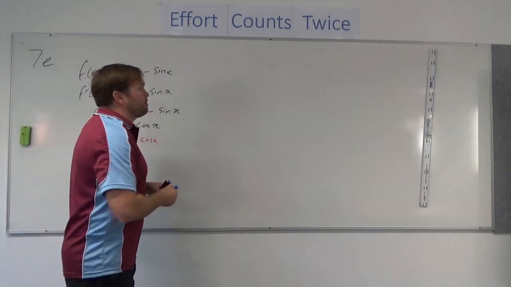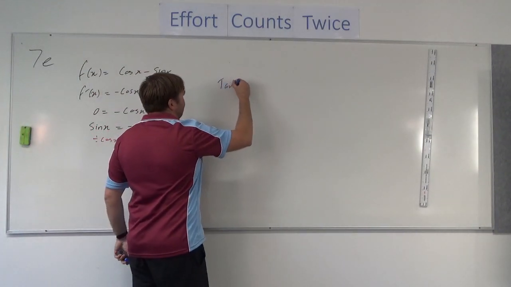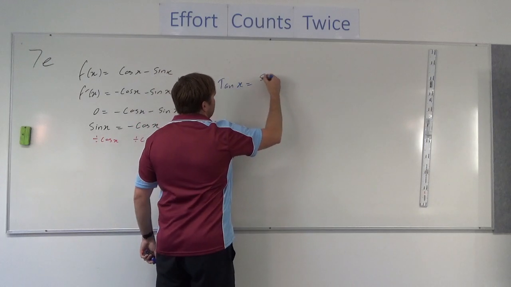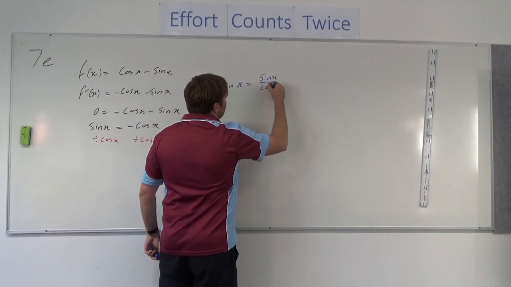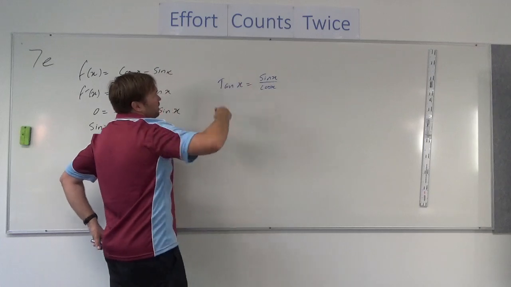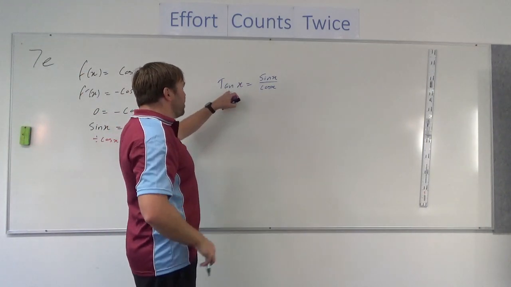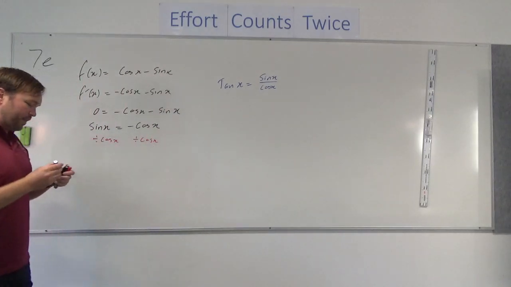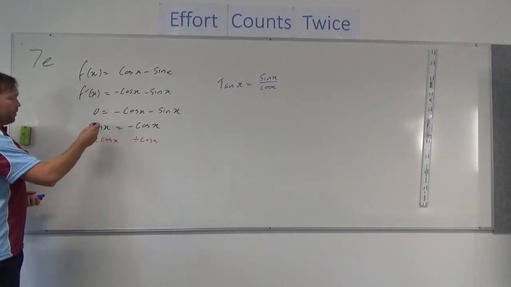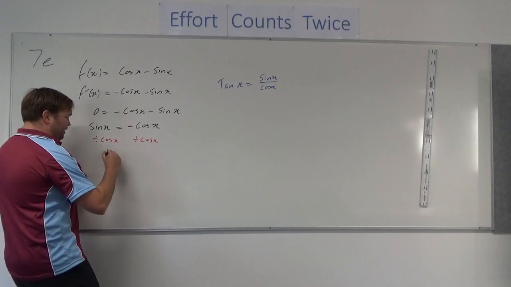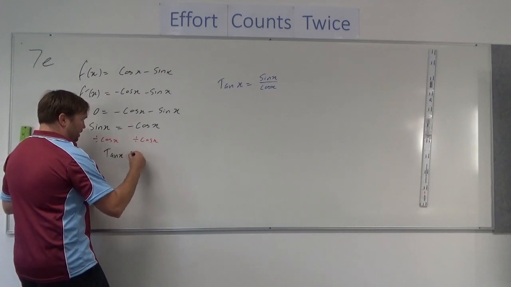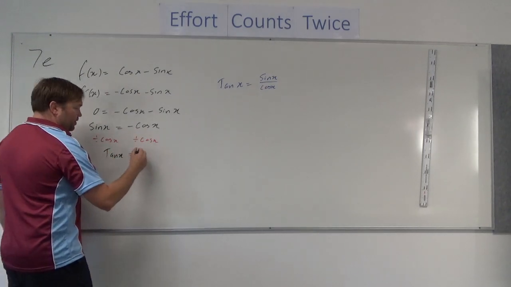It's worth noting at this point that tan x is sine x on cos x, and this, along with the Pythagorean one with the x squared and y squared thing, are the only ones that you really have to know and be comfortable using. When that divides out, you get tan x, minus cos x on cos x is minus 1.